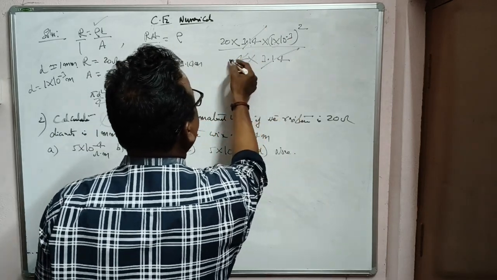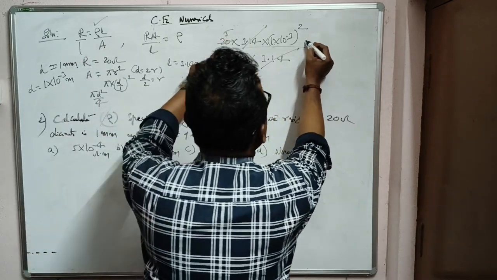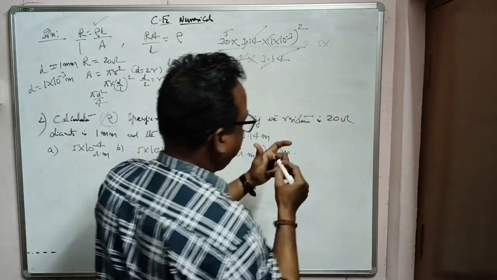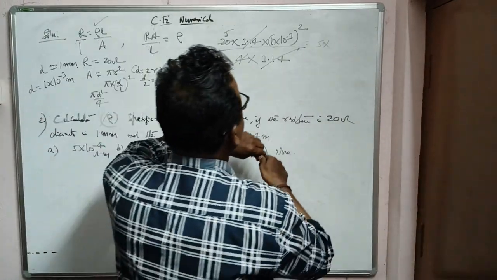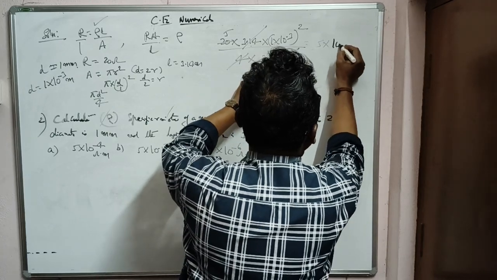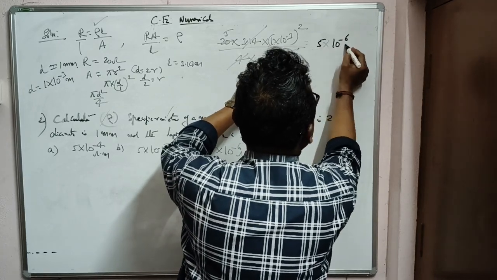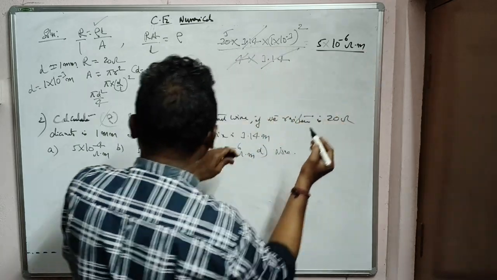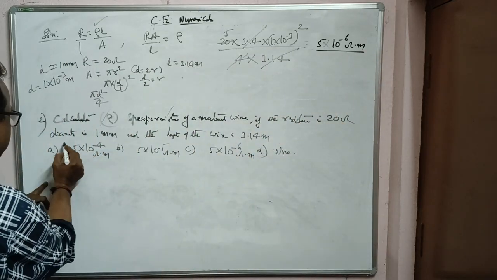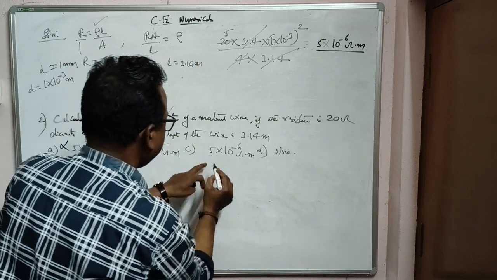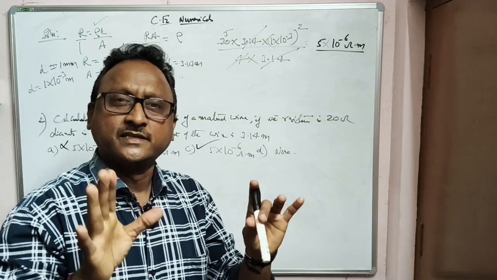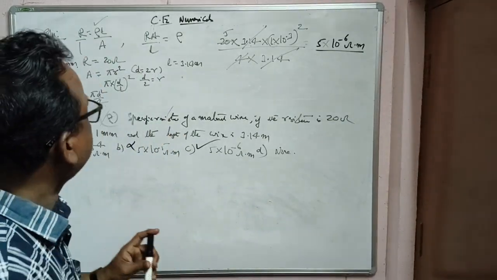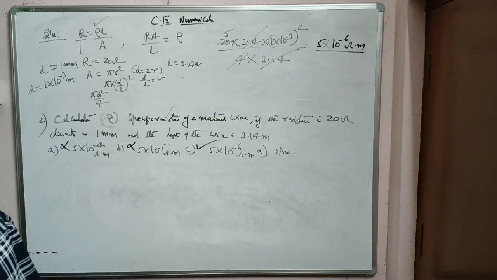So how much are you getting? 5 into 10 power minus 3 whole square, which means 10 power minus 6. So the answer is 5 into 10 power minus 6 ohm meter. You can check here, this is a wrong answer, this is also wrong, and this is the right answer: 5 into 10 power minus 6 ohm meter. This is how you have to calculate the value of the specific resistance. Clear? That is the solution of the second question. Please note down.